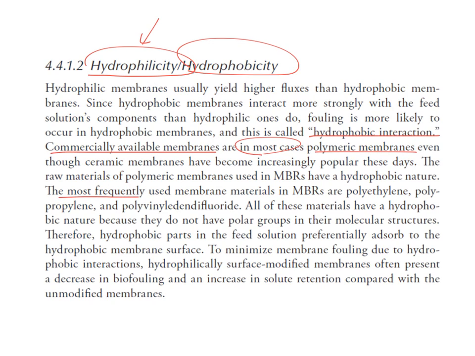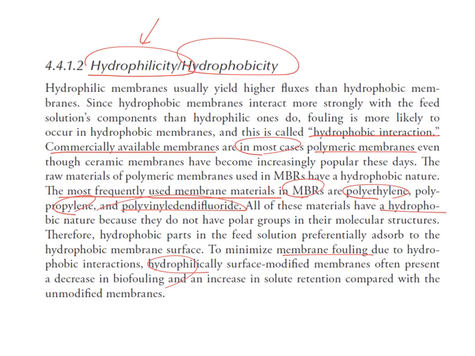The most frequently used membrane materials in MBR are polyethylene, polypropylene, and PVDF, and they are all hydrophobic. So we can imagine that this hydrophobic interaction leads to membrane fouling.